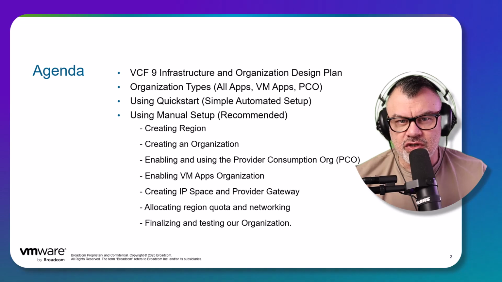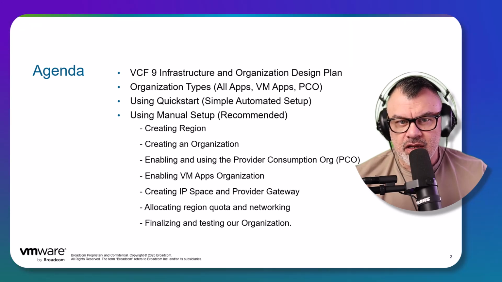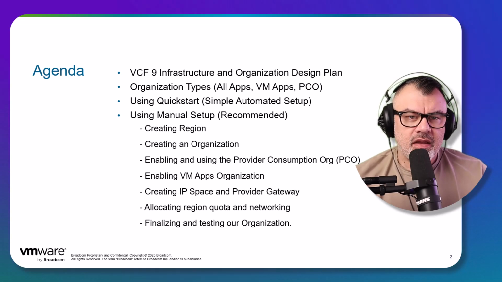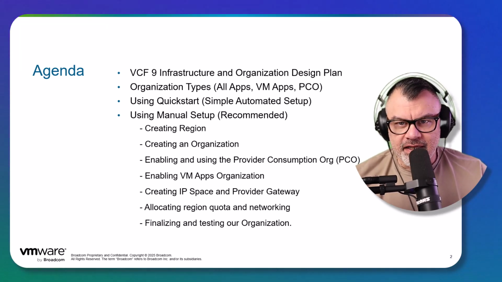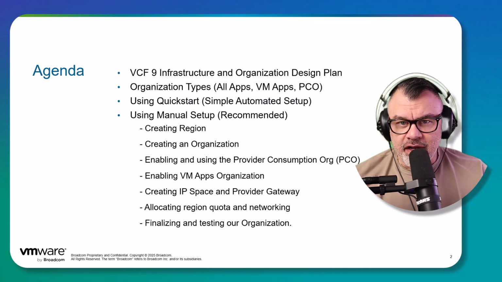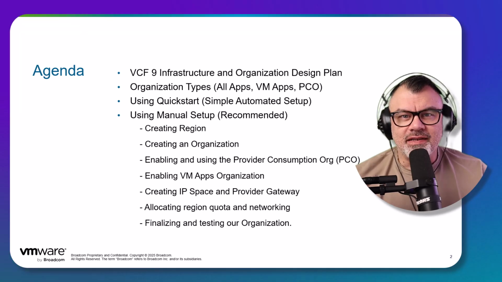This is where we go through the guided steps: creating regions, creating the organization, the option of enabling and using the provider consumption org, enabling the VM apps organization, and creating the IP spaces and the provider gateway for networking, and allocating regional quota and network configuration to the organization at the end. Finally, we finalize and test our organization. This will be a long one, so let's get started and dive right in.